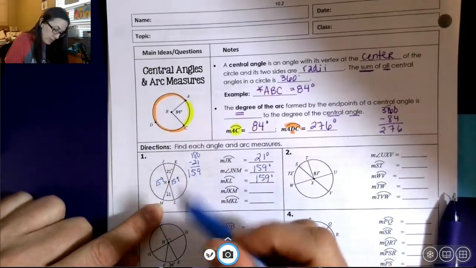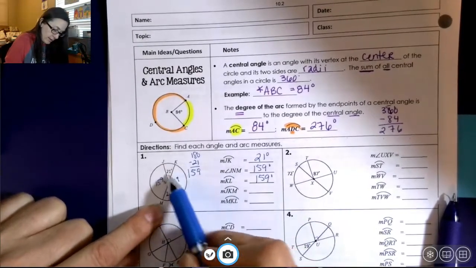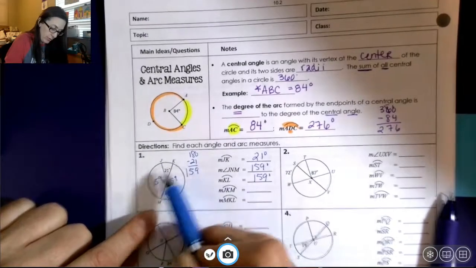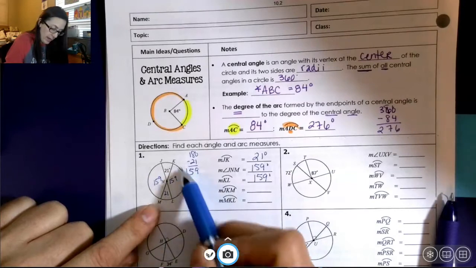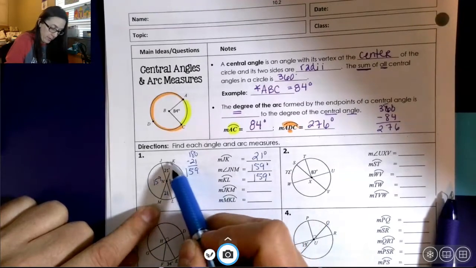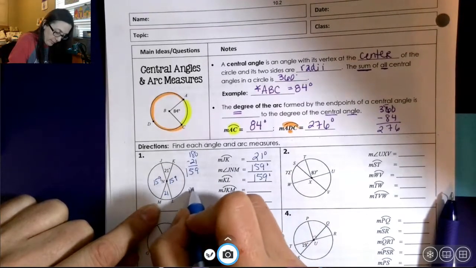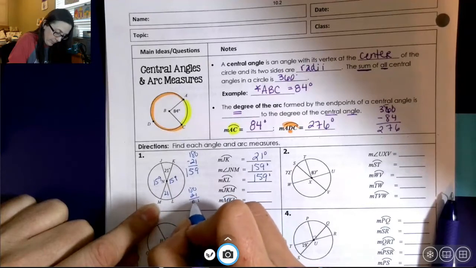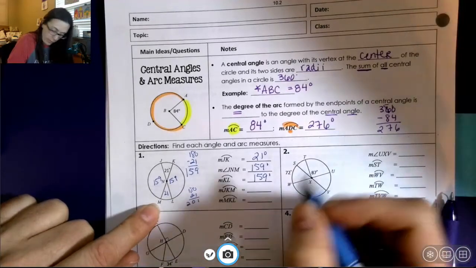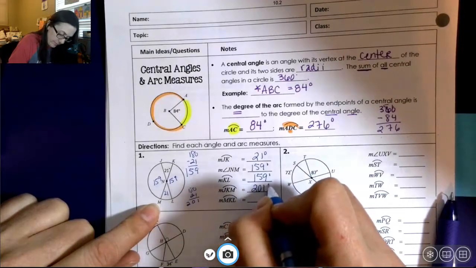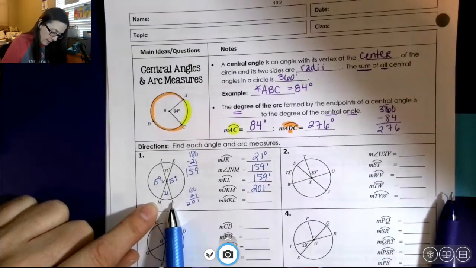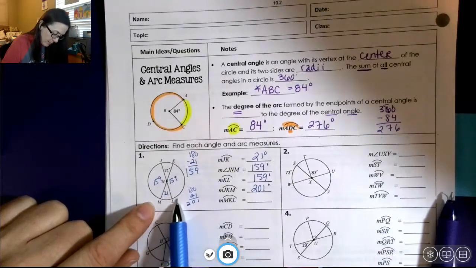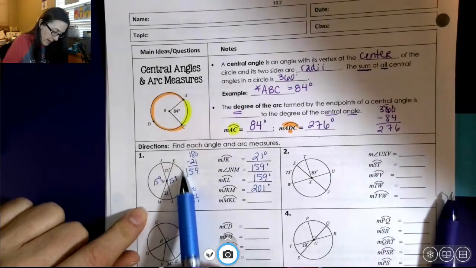JKM, so notice I go JK. So I don't go from J to M this way, the short route, I go JKM. So this is 180 plus that extra 21. And I get 201. And I want MK, but I want to go to L, so MKL.